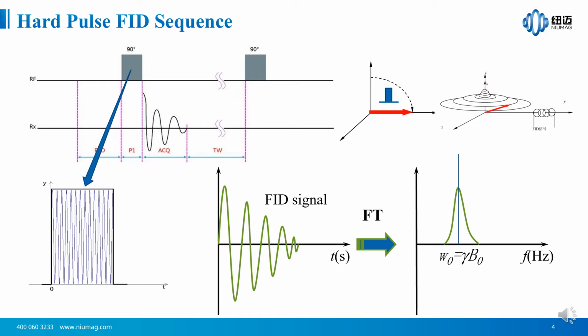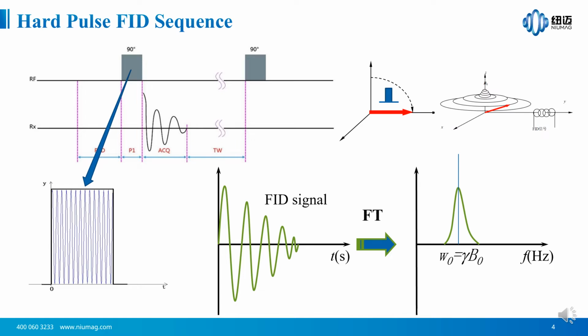First, we apply an RF pulse with a certain frequency, a certain amplitude, and a certain time p1. When we set these parameters, the pulse deflects the longitudinal magnetization vector by 90 degrees, which we call a 90-degree pulse.